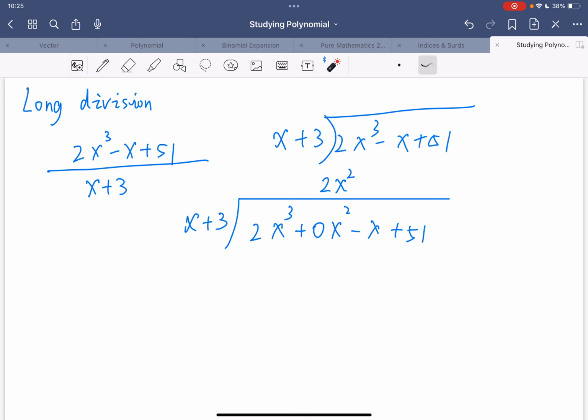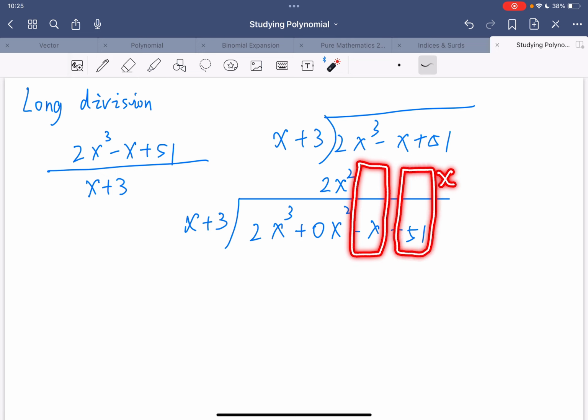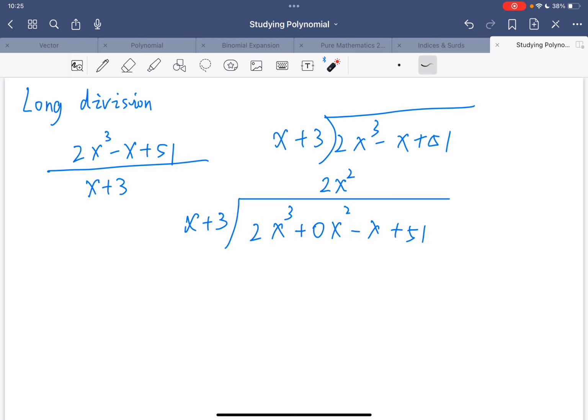And if you multiply x to the power 1, where should it be? It should be this place. And for the constant term, you should write it in this position. Then it equals 2x cubed, perfectly matched. Then plus 6x squared, so 3 times 2x squared equals 6x squared.